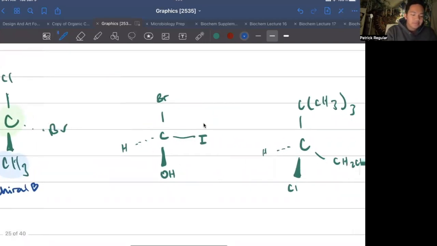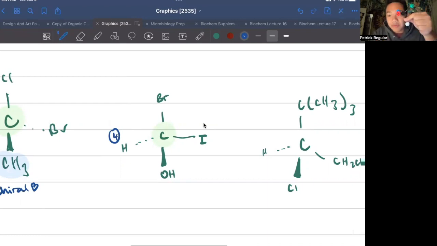Now, what about this one? Is this chiral carbon R or S? Well, I'm going to show you a neat little trick when it comes to counting clockwise or counterclockwise. Your 4th priority group should always be in the back. When you count clockwise or counterclockwise, you have to do it as if the fourth group is in the back.